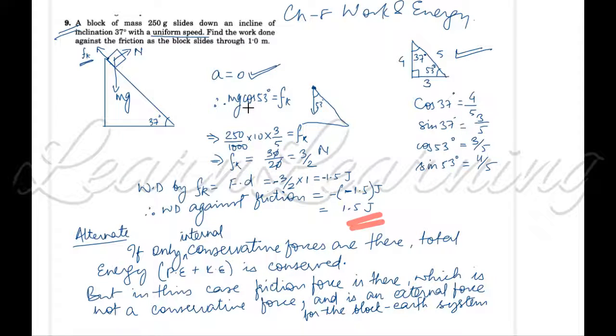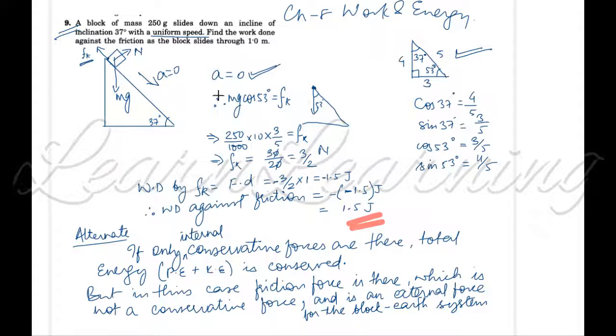Here, since there is no acceleration, in this direction the acceleration is equal to 0. That means it is moving with a uniform velocity. That also means that in this direction the total force will be 0. That means this force will be equal to this force.